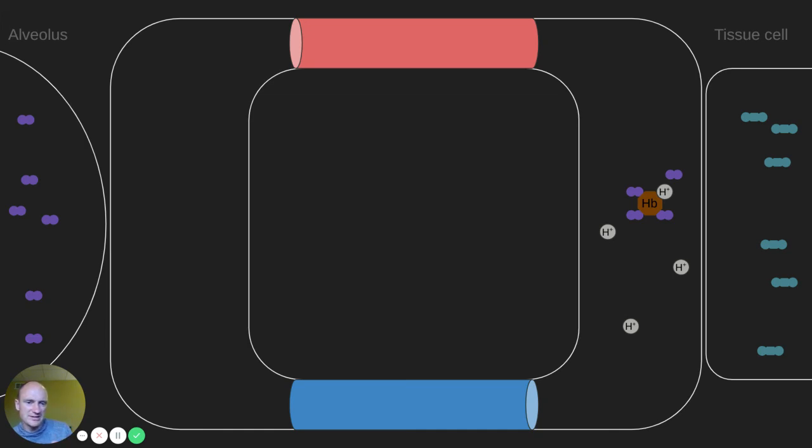When one binds, it makes it easier for the other to bind. Since there's less oxygen in this area, it's less likely that oxygen is going to wind up rebinding onto this thing. So, some oxygen diffuses off. Hydrogen takes its place, a little bit more hydrogen takes its place, and the cells wind up sucking the oxygen out. And hemoglobin, deoxyhemoglobin, continues on its trek.